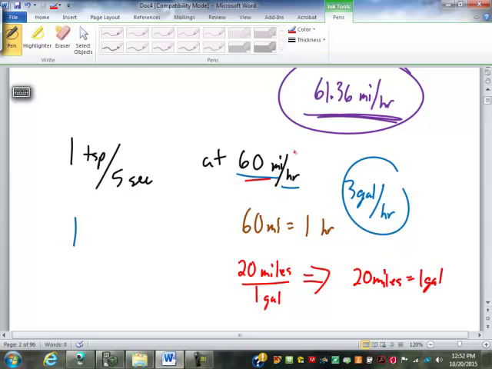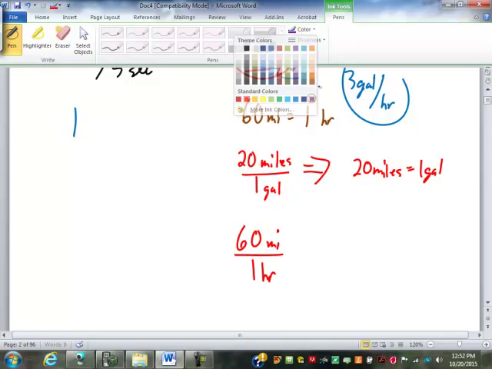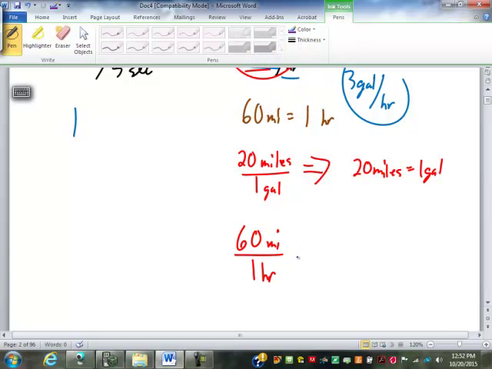So what I'm actually going to do is take this 60 miles per hour, so 60 miles over 1 hour, and convert the miles into gallons. I want it to be gallons per hour, sorry.